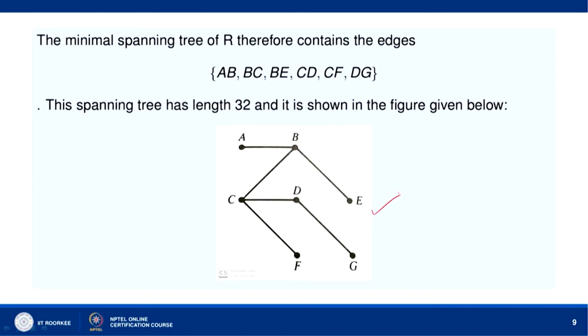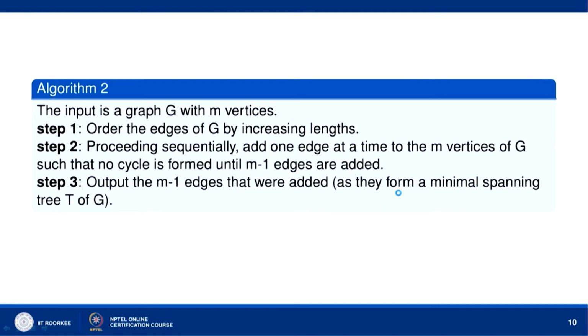Okay. Now, let us discuss algorithm 2. This algorithm is based on arranging the edges by increasing lengths. In algorithm 1 we had arranged them by decreasing lengths. Here we arrange them by increasing lengths, and so this is step 1.